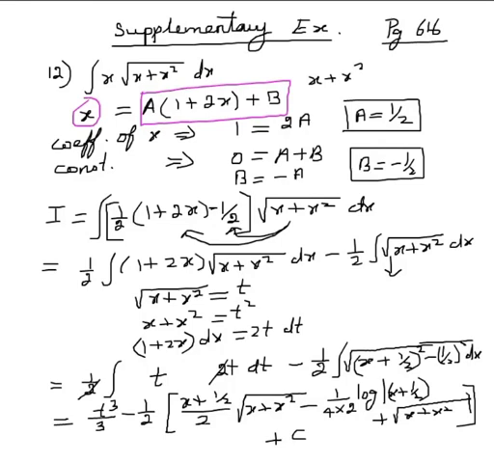Let us substitute for t. T is root of x plus x square. Root can be written as power half, so 3 by 2 divided by 3, minus, take LCM, 2x plus 1 divided by 2, 2 2s are 4 and half is also there outside, 4 2s are 8.